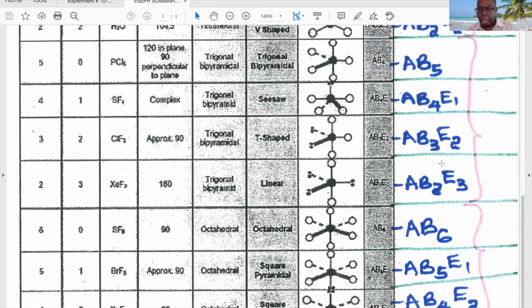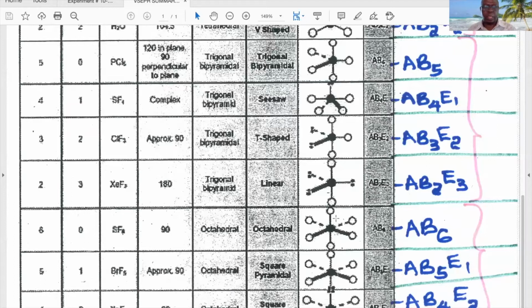This is AX2E4. So we use AX2E4, and the electron domain geometry is 6.